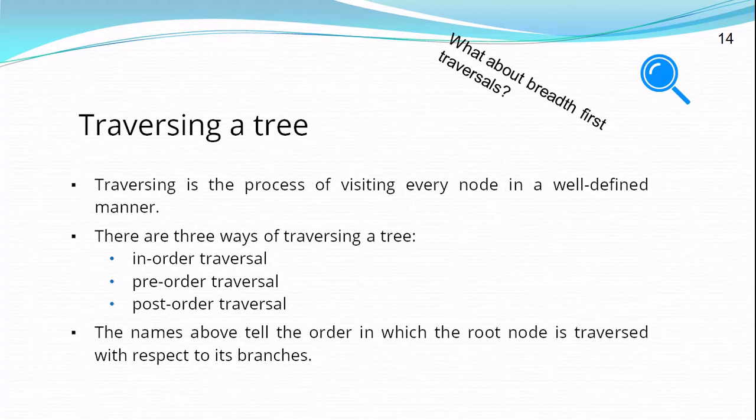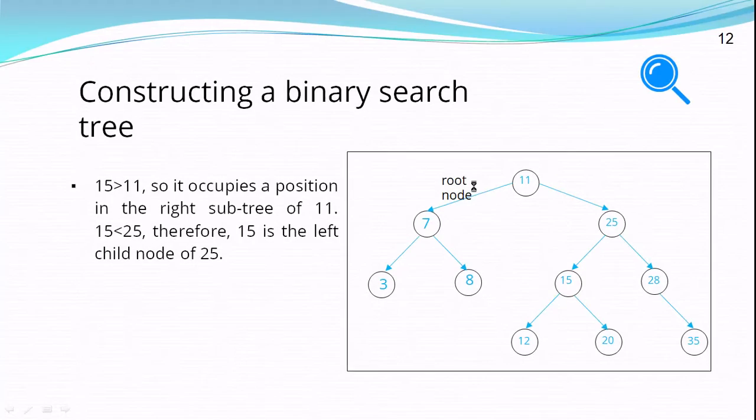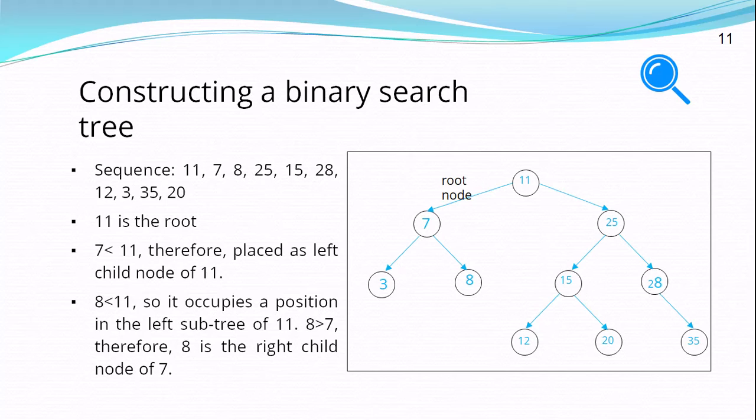Okay, so one thing I'd just like you to get a grip on at the moment is that I've got this sequence, and it started off with 11, 7, 8.